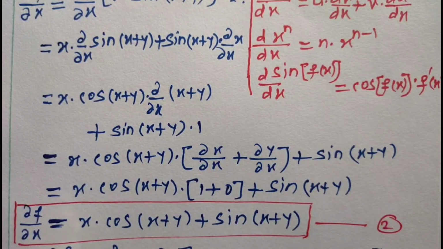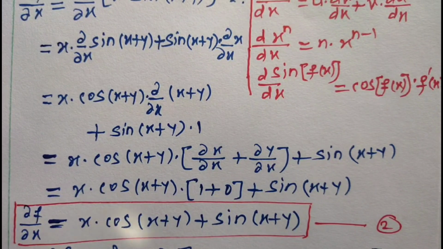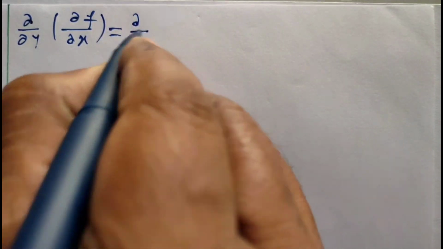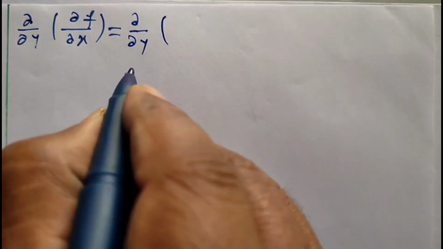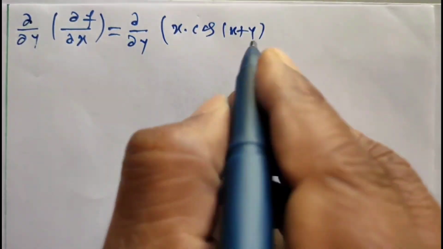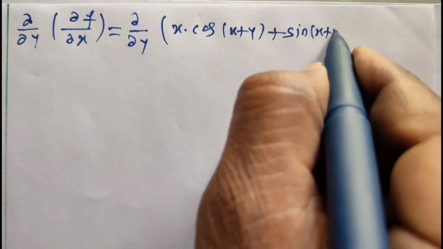Now partially differentiate both sides of result number 2 with respect to y. Partial derivative with respect to y of left hand side dou f by dou x is equal to partial derivative with respect to y of right hand side. Right hand side is x into cos of x plus y plus sine of x plus y, bracket close.